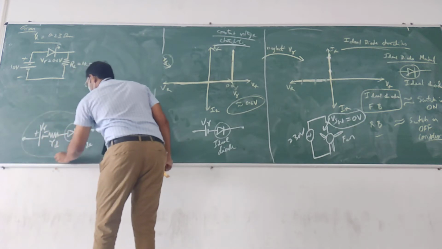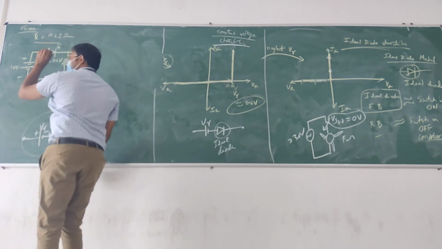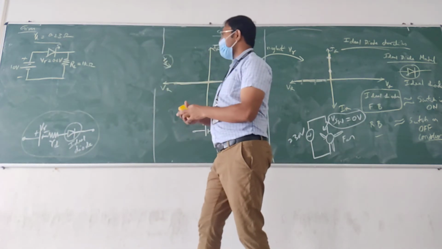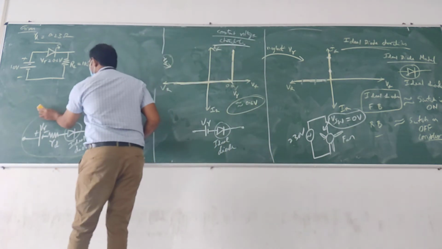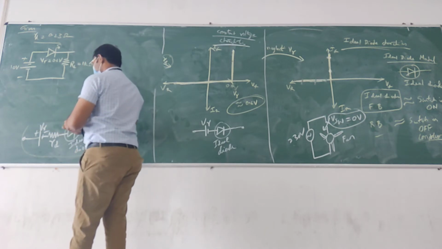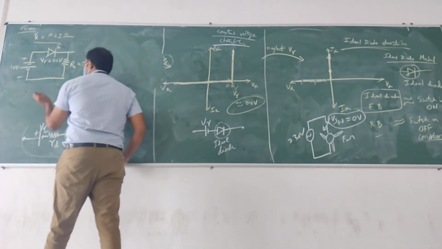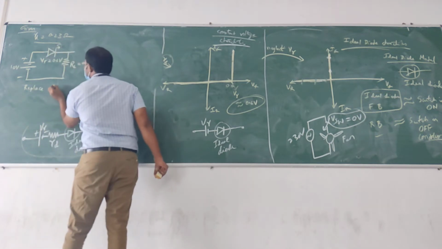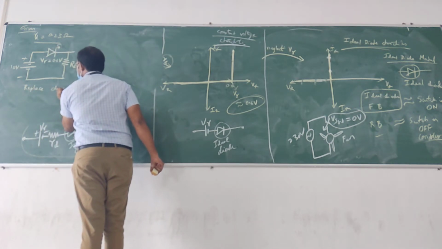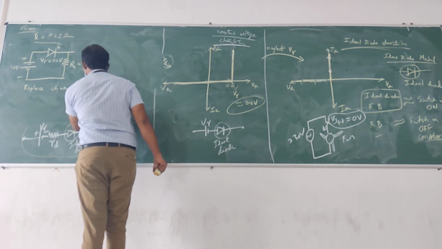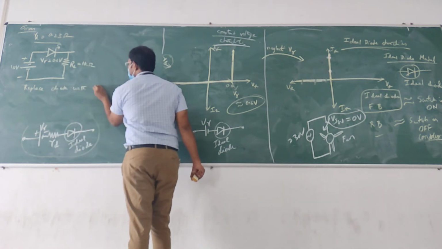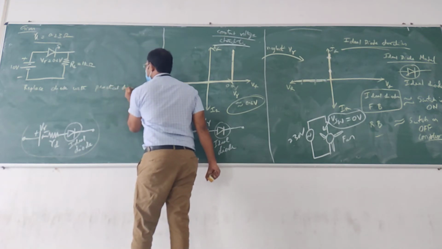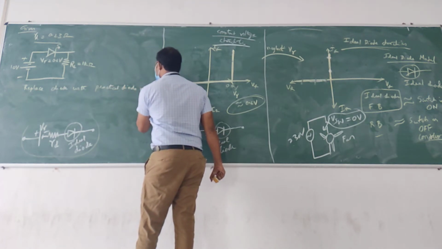So what is the step now? Take this block and draw it there. Next I will write: replace the diode with what model? Practical diode model.